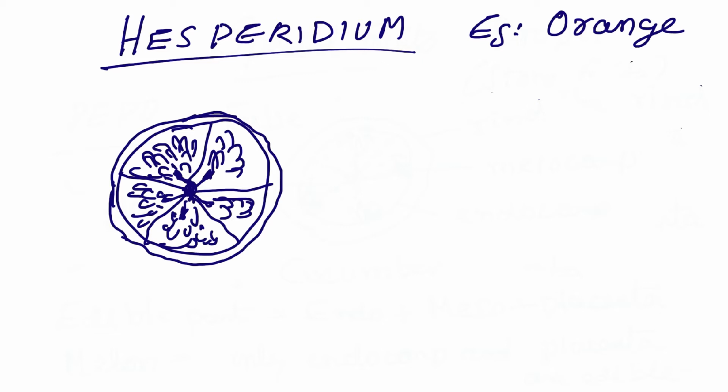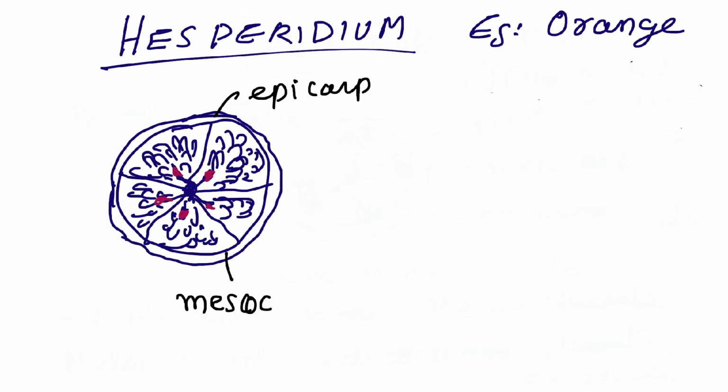So as far as the Hesperidium is concerned, these are the standard morphological features which we see. There are some very key points as far as this particular fruit type is concerned. Of course, the skin is epicarp. Then we have the inner mesocarp.